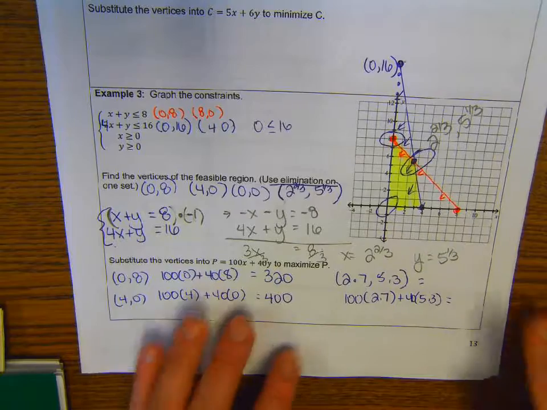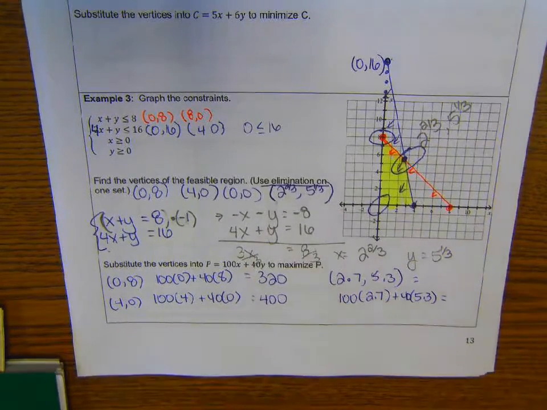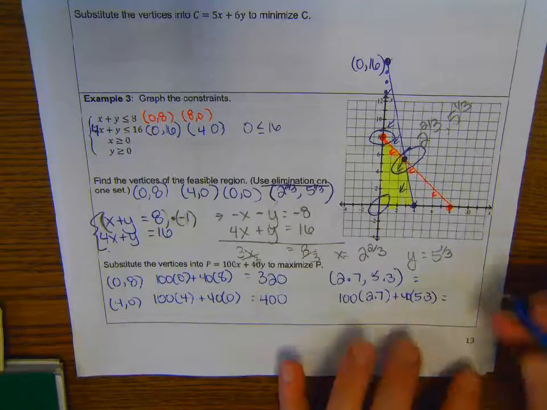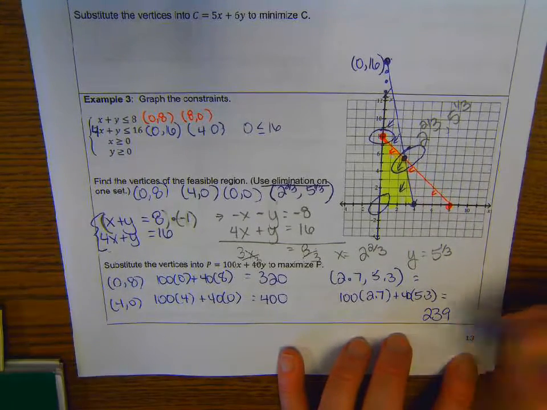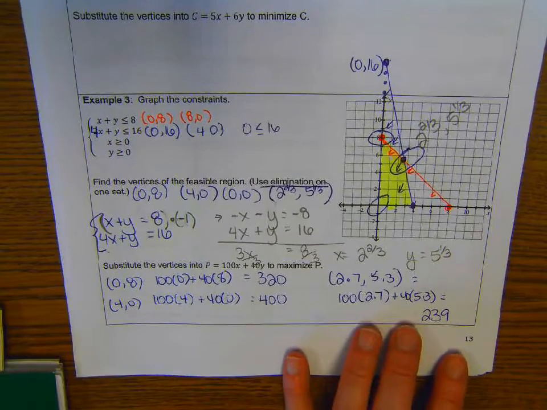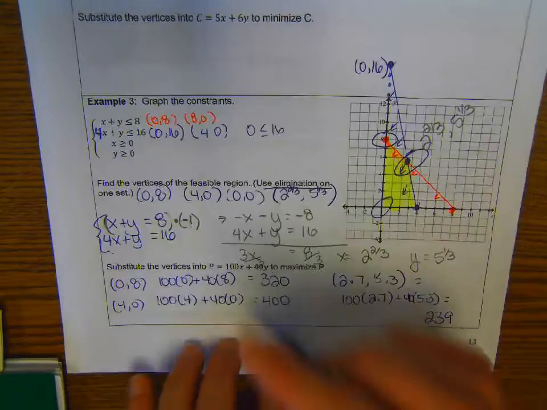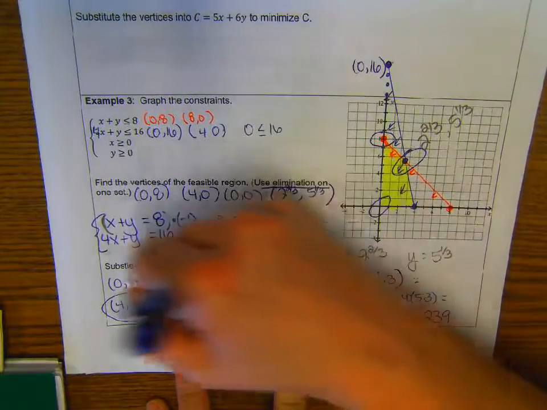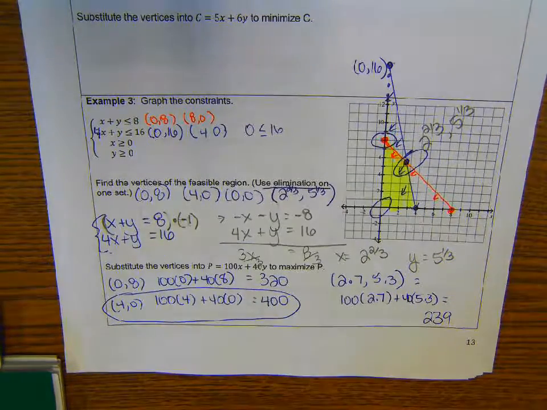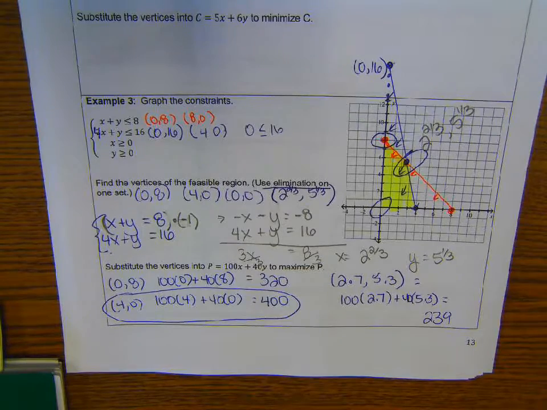What does that give us? What do you get? What is it? 239. Okay. So, which one maximizes P? 4, 0 does. 4, 0 does. Okay.